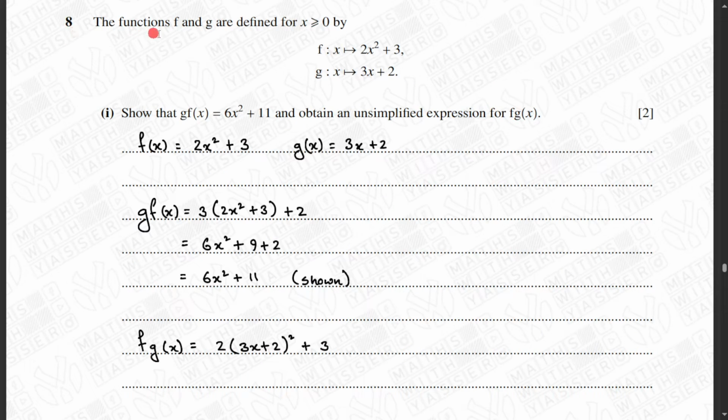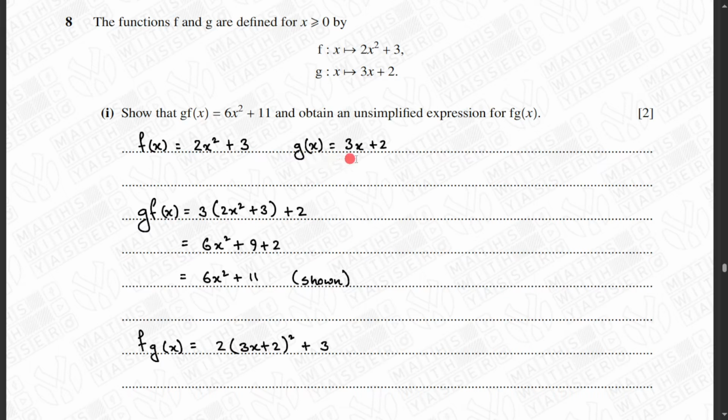Question number 8. The functions f and g are defined for x greater than or equal to 0 by f of x is 2x squared plus 3 and g of x is 3x plus 2. We need to show that gf of x is equal to 6x squared plus 11, and we need to obtain an unsimplified expression for fg of x.